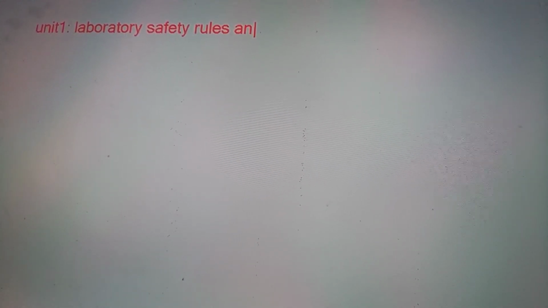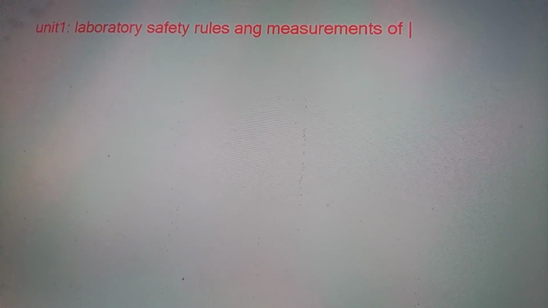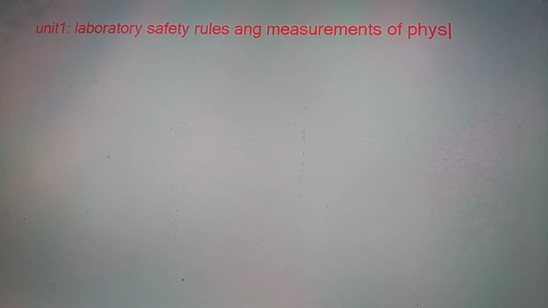Unit number 1 is about laboratory safety rules and the measurements of physical quantities.